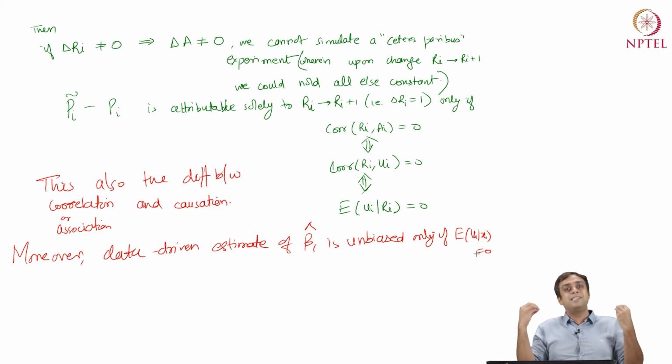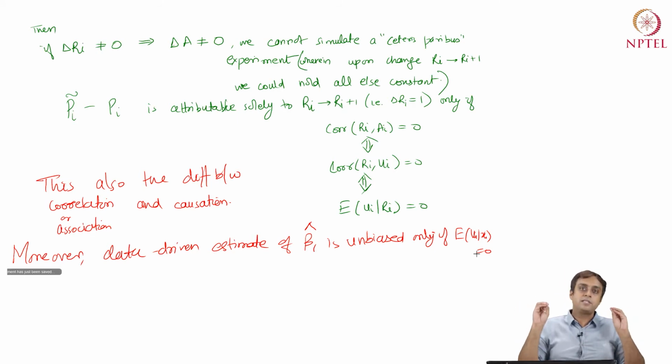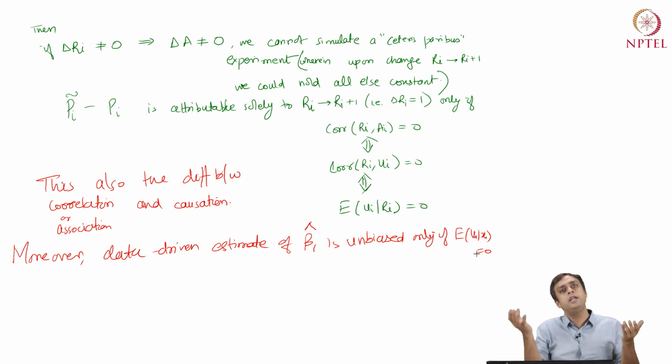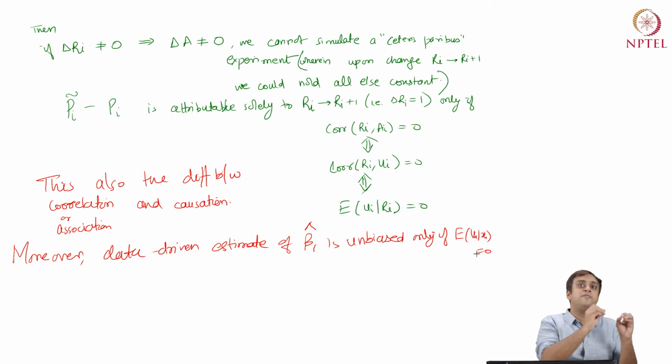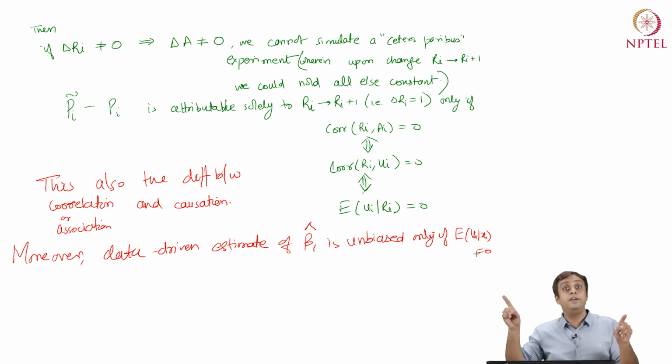Then we might as well not go through this pain of conducting regression analysis and might just rely on a correlation statistic between Pi and Ri. That is sufficient. We don't need a regression, right? So everywhere and anywhere you see a regression analysis being done going forward, you should critically analyze whether or not this is a correlation or association, or it is indeed a causal impact.